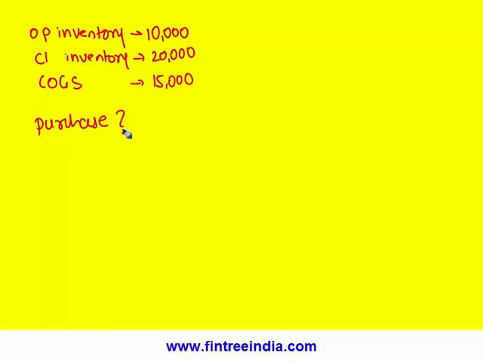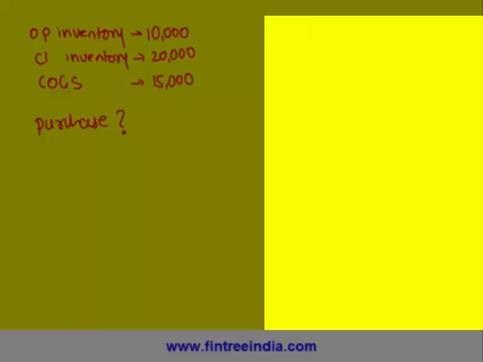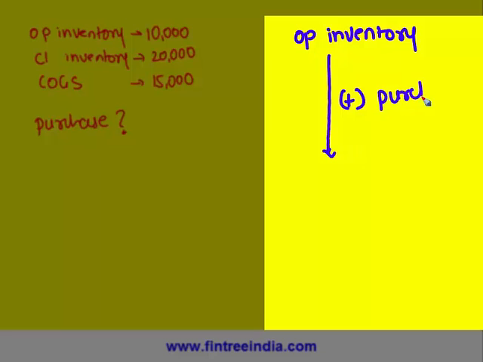So there is one really simple way of dealing with questions like these. You'd build the first flowchart, which is on inventory. You will say opening inventory, which is the starting point. Now opening inventory will typically increase because of new purchase.